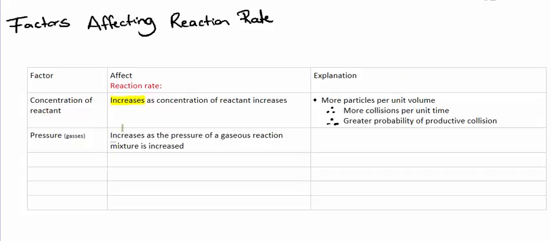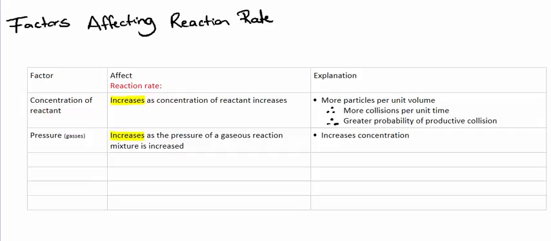The next factor that can affect reaction rate is the pressure, and this is when we're dealing with gaseous reaction mixtures. So basically, the reaction rate is going to increase as the pressure of the reaction mixture is increased. And the reason for that is that by increasing the pressure, you're basically pushing all of the particles closer together, so it's essentially the same as increasing the concentration.